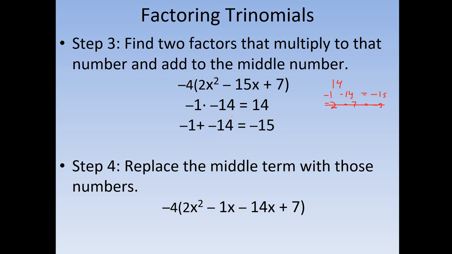That's why I want these numbers to add up to this middle number, so that I can split it up into 2 pieces. That way I can now factor by grouping, because I'll now have 4 terms. That's the whole point of this. In fact, technically the AM method is just a simplified version of this because this first term is 1. So it just ends up being the last number adding to the first.